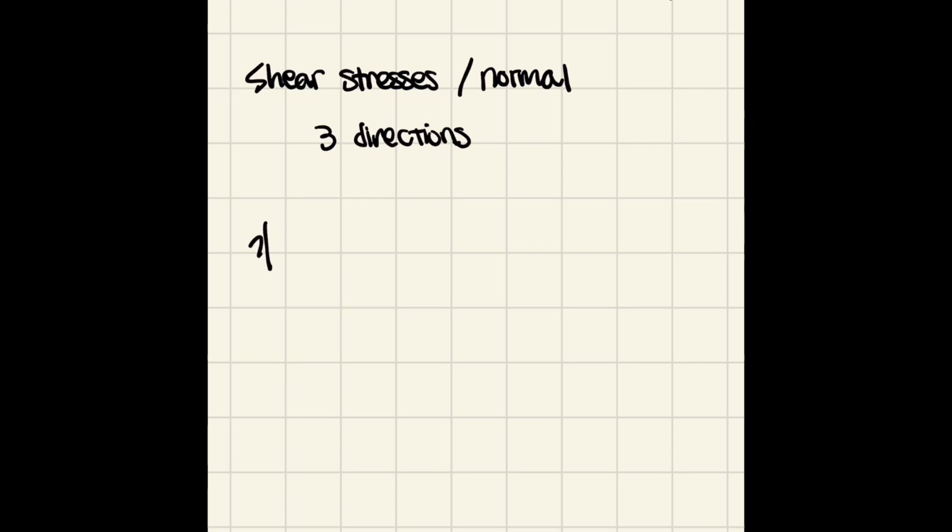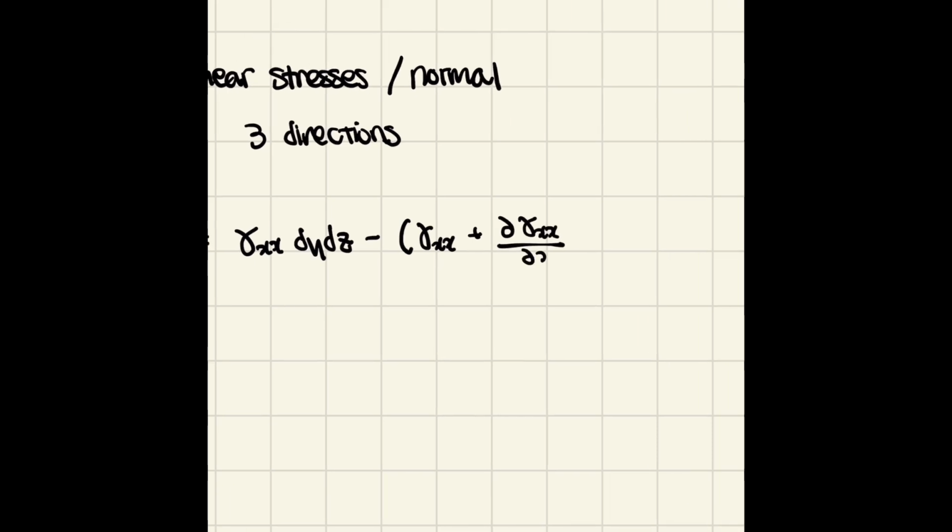Starting with the x, it will be sigma xx dy dz minus sigma xx plus partial sigma xx partial x dx times dy dz.